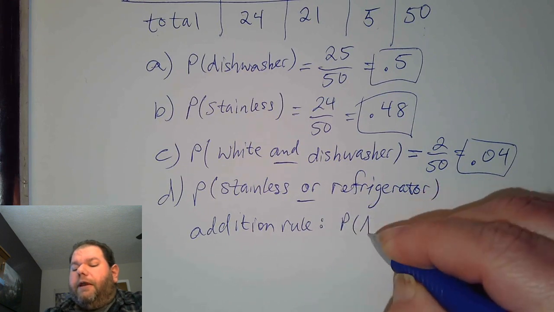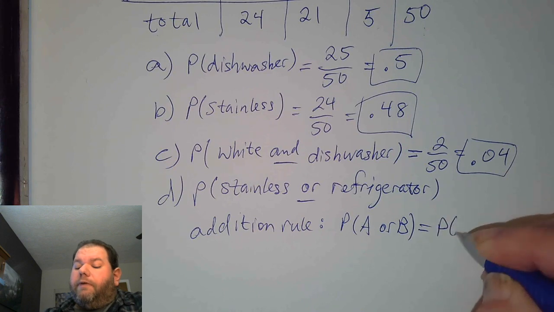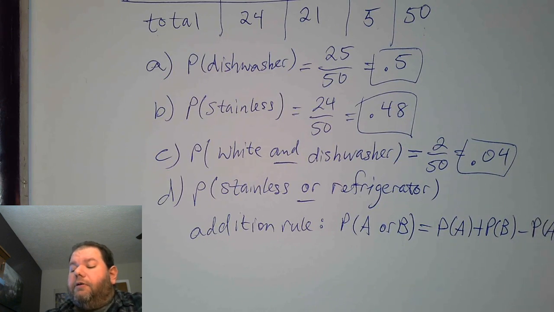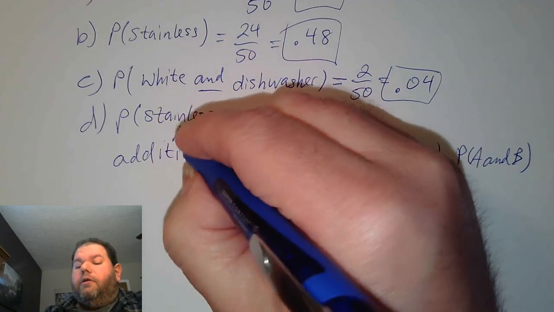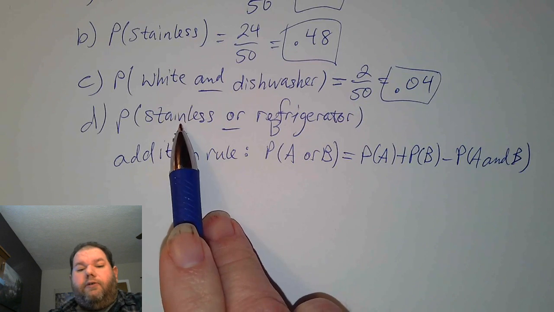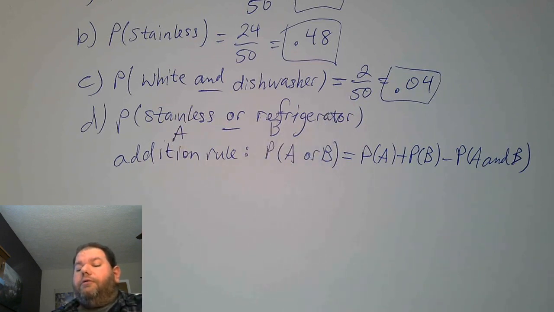So it's the probability of A or B is equal to the probability of A plus the probability of B minus the probability of both A and B. Now in this case, A would be our stainless steel appliance and B would be a refrigerator.